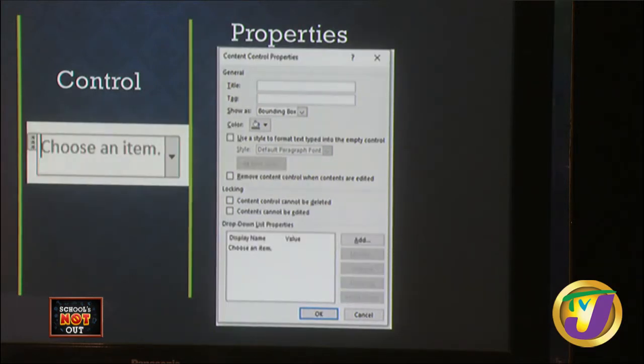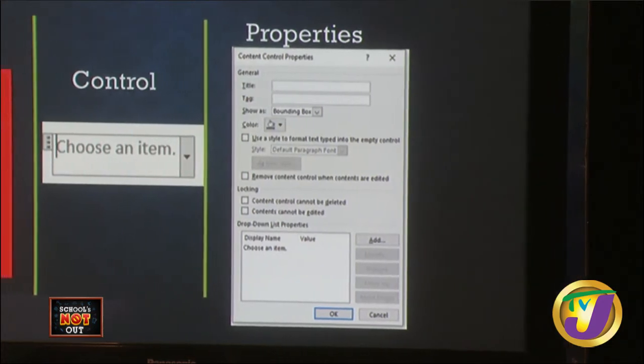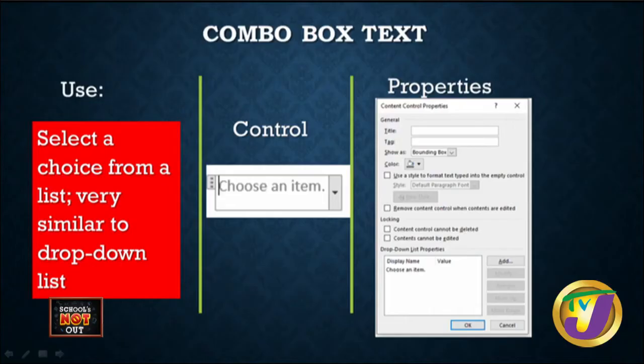And then we have the combo box, and the combo box has the same kind of setting as a drop-down list, and you are able to select from a set of selections or a set of items by just clicking on the arrow to the right.